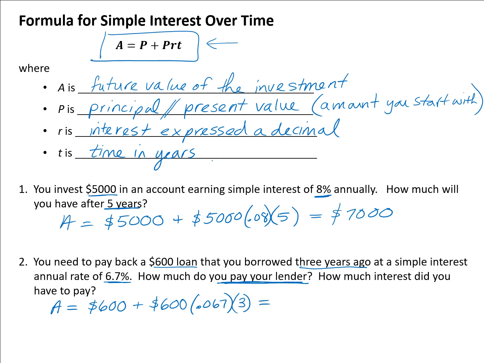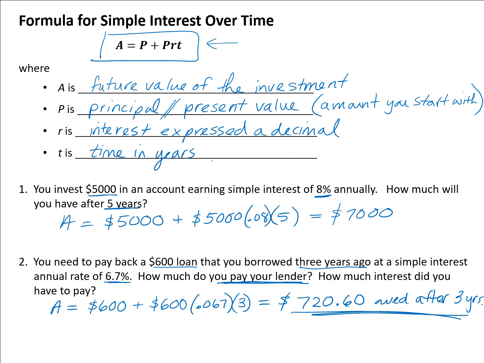Calculating this with a scientific calculator, 600 plus 600 times 0.067 times 3 comes out to be $720.60 owed after 3 years. That's what you have to pay back after the time period has passed. Those 3 years have gone by.